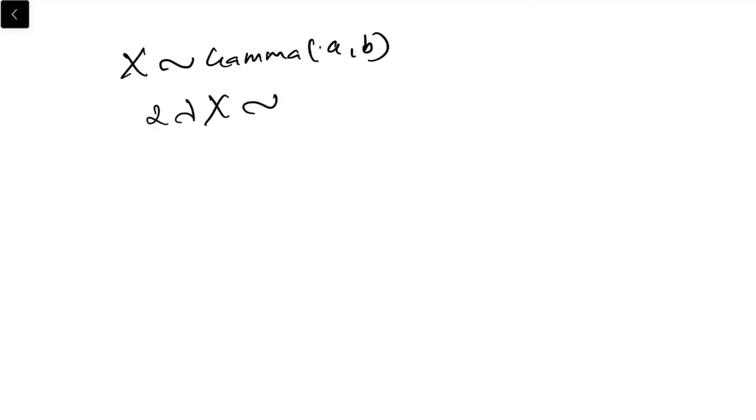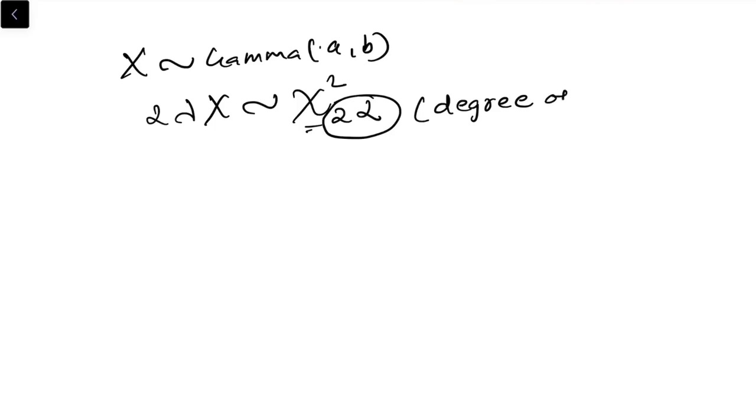So when x follows gamma alpha comma lambda, then 2 lambda x follows chi-square 2 alpha. So this is the chi-square distribution, where this thing is the degree of freedom.